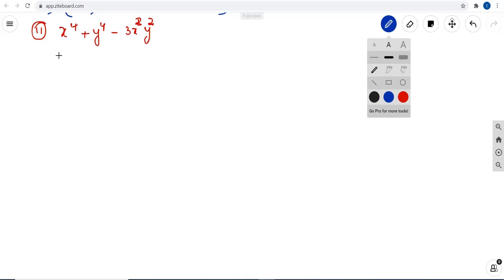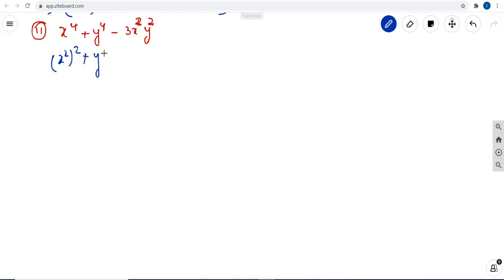So we will write it as x square to the power of square plus y square to the power of square minus, see 3 I can write it as 2 and 1. Okay, so I will write it as 2x square y square minus x square y square. Okay, so I can write it as minus 2 minus 1. So this is nothing but minus 3. Okay, that's what I have done here.